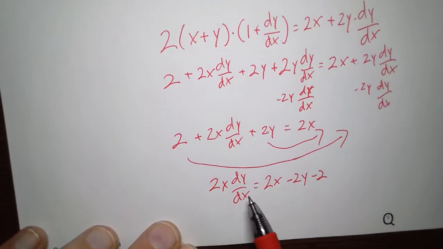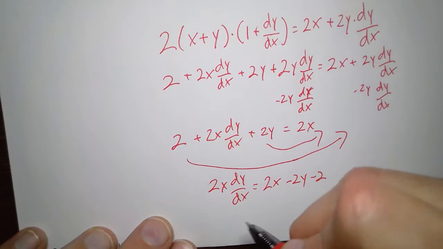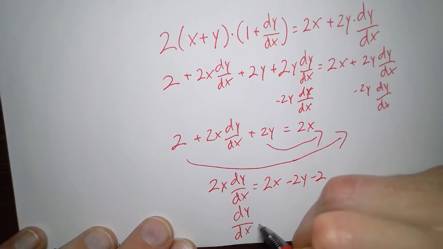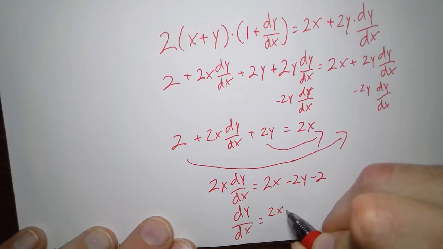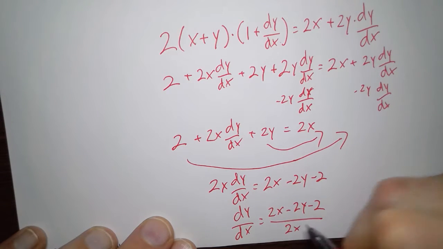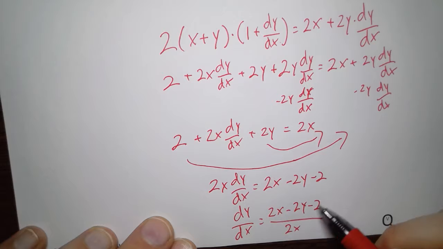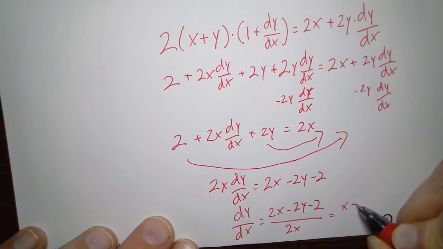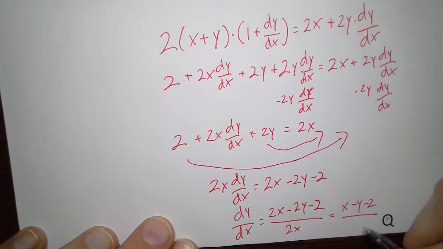And then finally, we have to divide everything by 2x. So dy/dx equals 2x minus 2y minus 2 all over 2x. Now every term here has a 2 in common, so we can cancel that 2. So x minus y minus 2 all over x, and that's a 2, not a z.